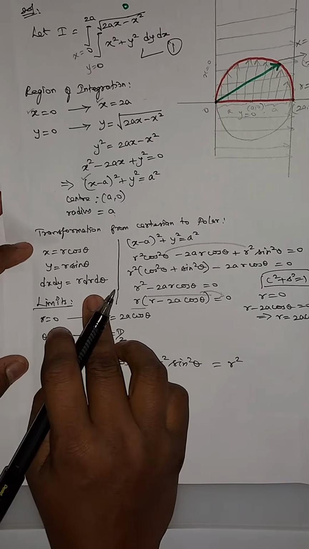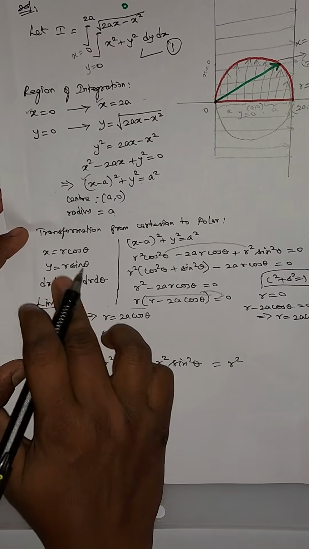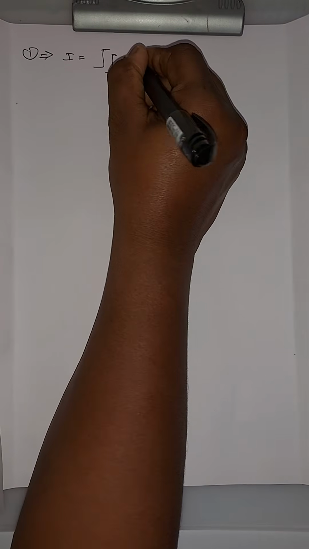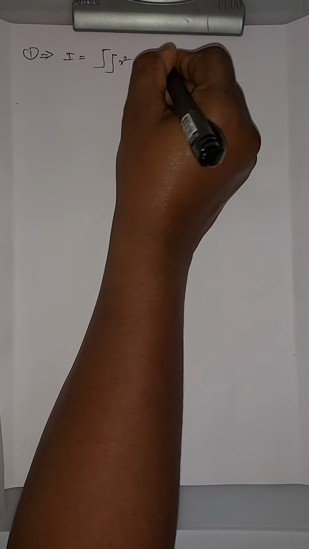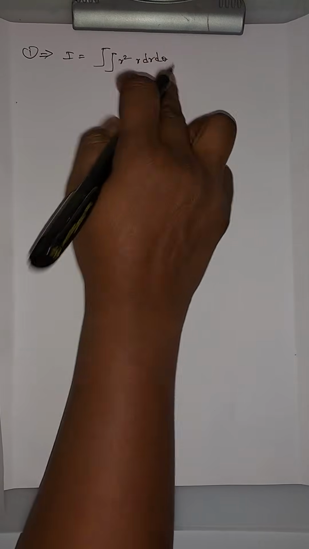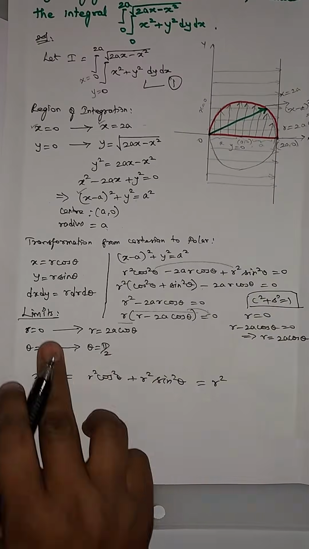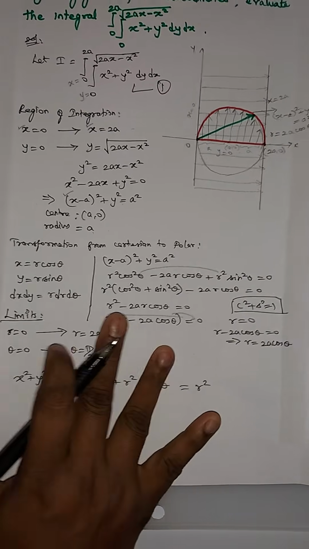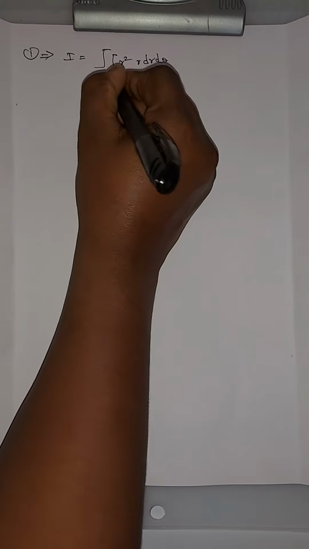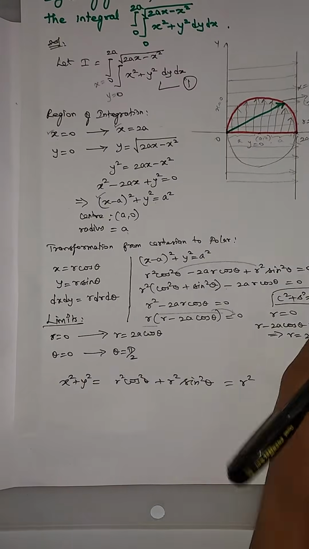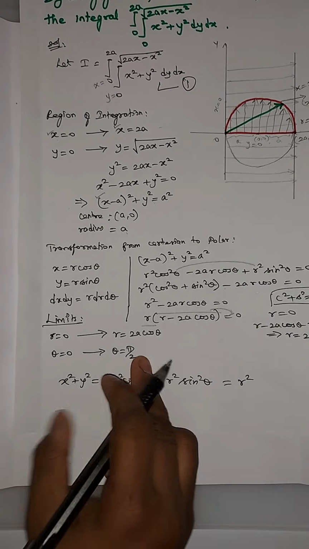The transformation of dx dy is given by r dr d theta. So we have r square times r dr d theta. The limit of r is 0 to 2a cos theta, and the limit of theta is 0 to pi by 2.